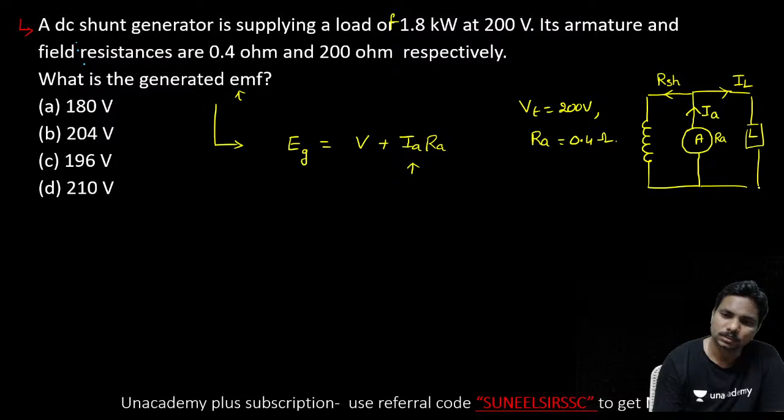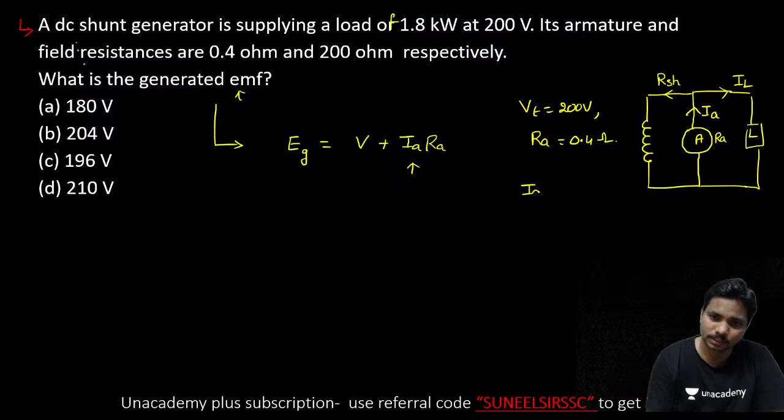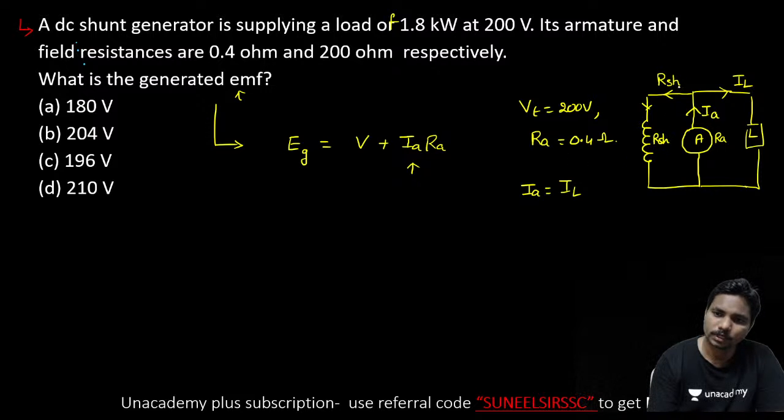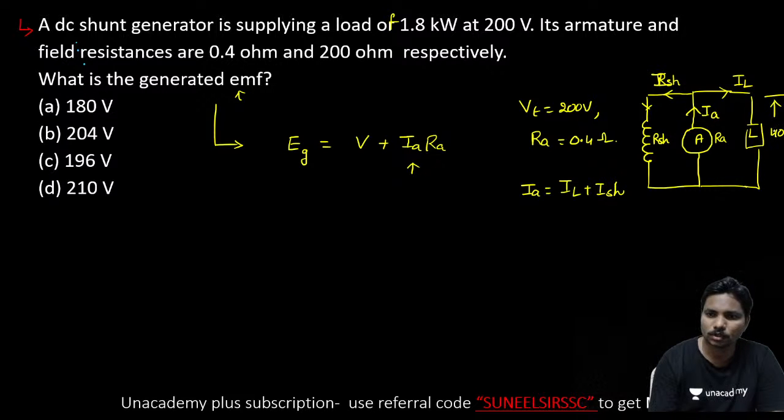This is the schematic diagram of a DC shunt generator. IA is equal to IL plus ISH.